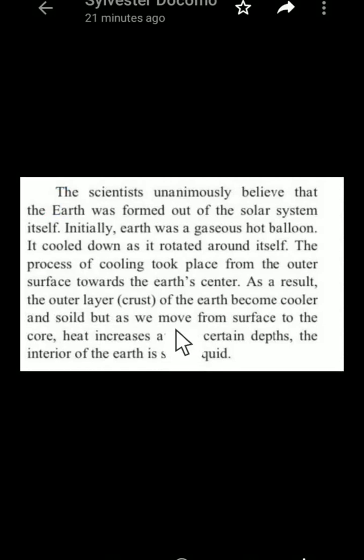So many scientists unanimously, meaning they all together, believe that the earth was formed out of our solar system itself. That means the earth was formed from the solar system itself, from all the other planets, from various other things. Now as I told you, initially the earth was a gaseous hot balloon.